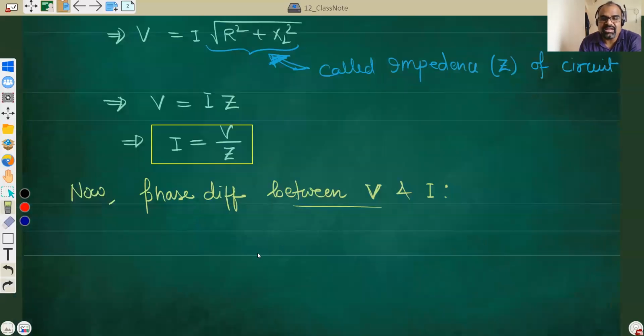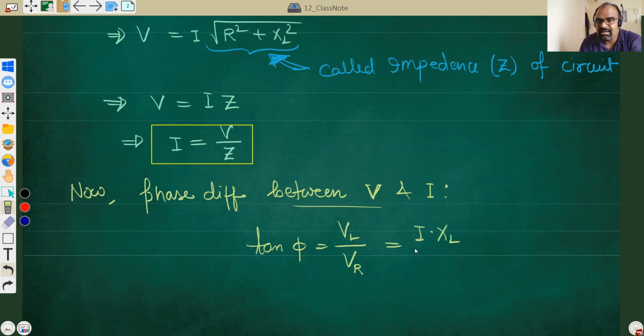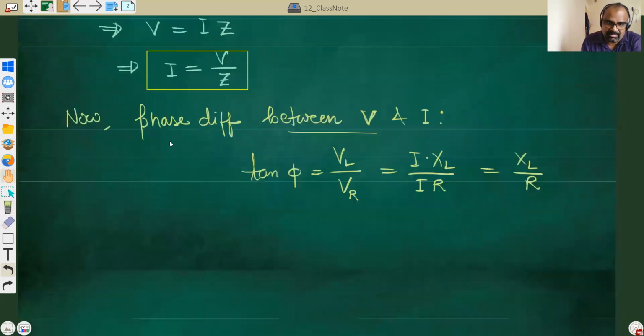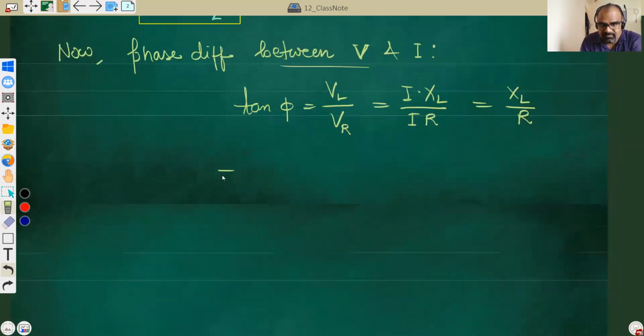You see, so tan phi is equal to VL by VR. Now VL was I into XL and VR was I into R. So you get XL by R. So from here we get phi is equal to tan inverse of XL by R.